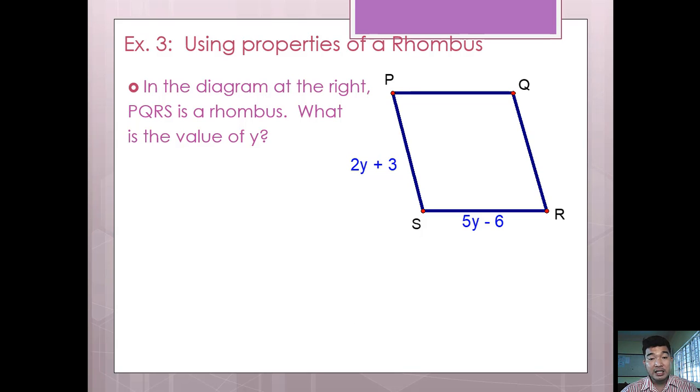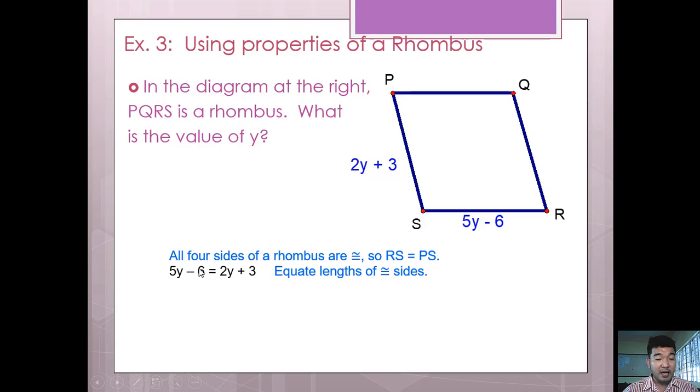So, alam natin na si PS at saka si SR magkamukha. So, from that, we can equate 5y minus 6 and 2y plus 3. So, 5y minus 6 equals 2y plus 3. And then, we solve for y. Applying the addition property, we add positive 6 to both sides of the equation. So, we'll be having 5y equals 2y plus 9.